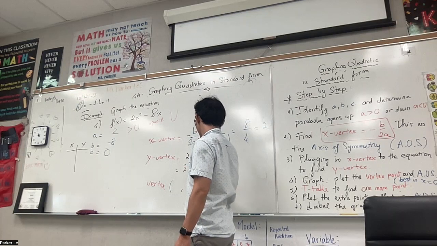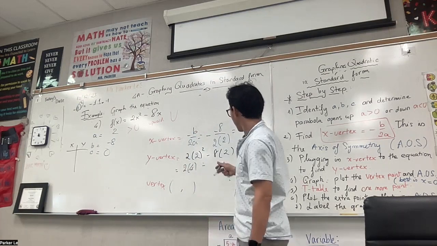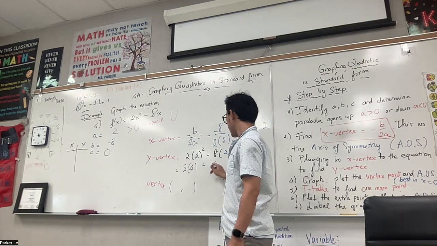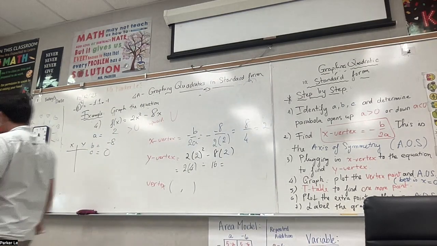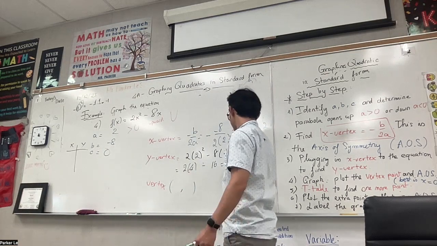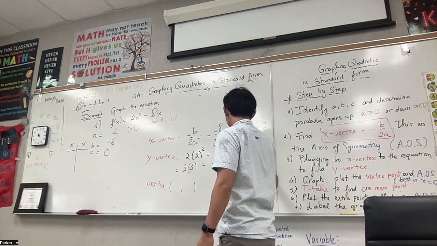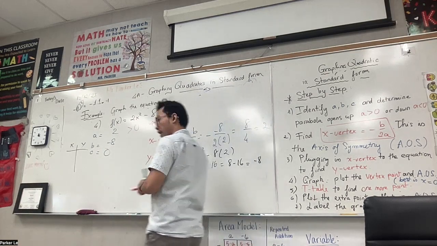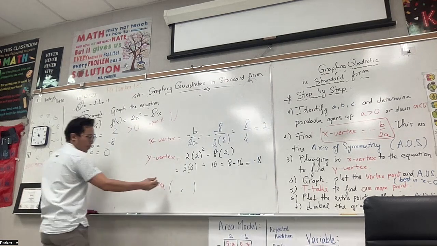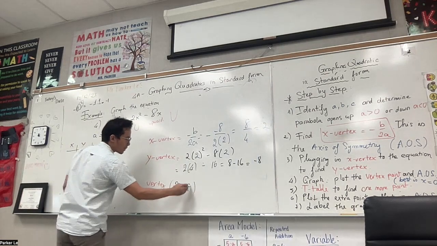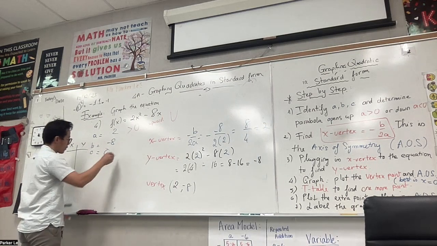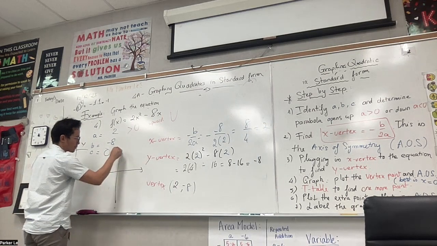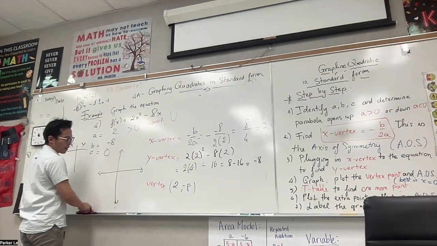So 2 times 4 minus 8 times 2 is 6. So 8 minus 16, that's negative 8. Okay. Right, 1 point. So my vertex is negative 8. As long as you have the vertex, all right, 2.